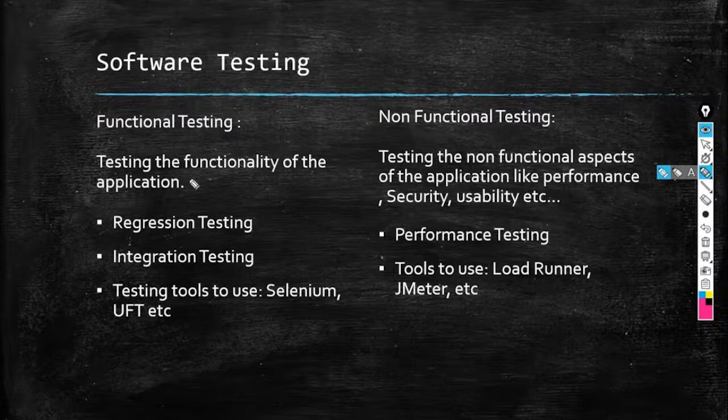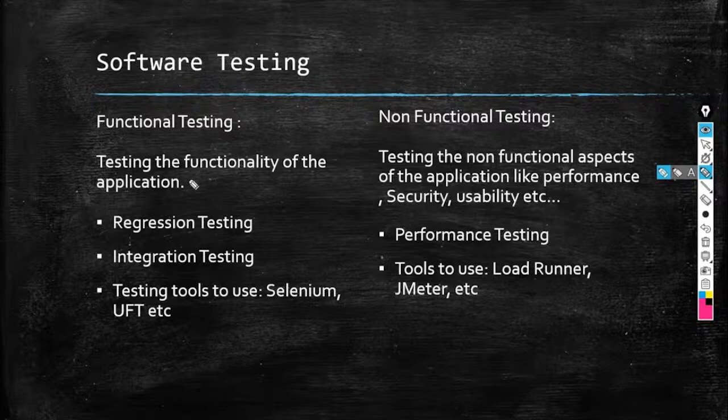That means we are testing the functionality. If I want to go to the fourth floor, I just press 4 and I'll see whether it is going to the fourth floor or not. Similarly, with respect to an application, if I ask you to test login, what would you generally do?